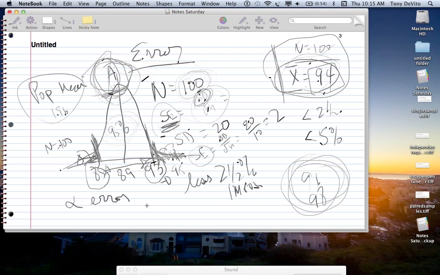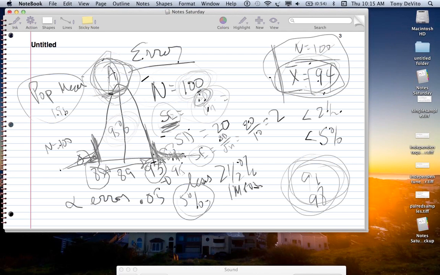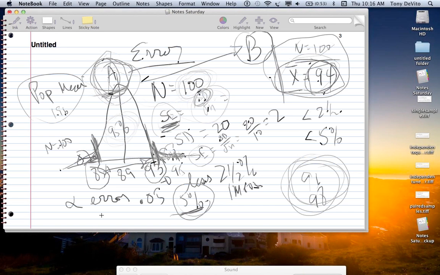In most cases, we're willing to accept an alpha error of 0.05, or 5%. We're willing to accept a 5% chance of being wrong if we say the two groups are different. So if I say group A and this sample that I took are two different groups, not from the same group, I'm willing to accept that because there was less than a 5% chance that I would get that value for a sample of 100 from this population.